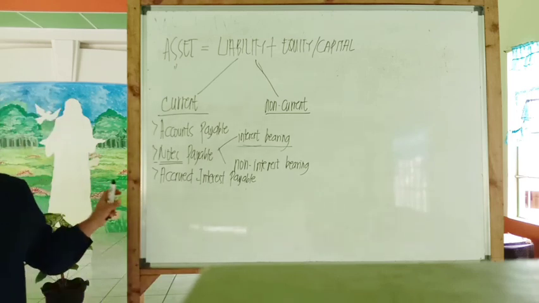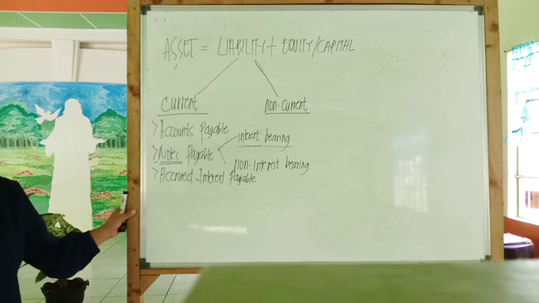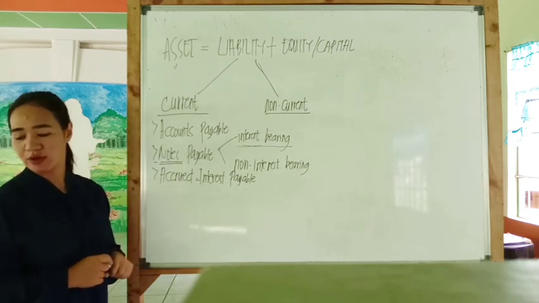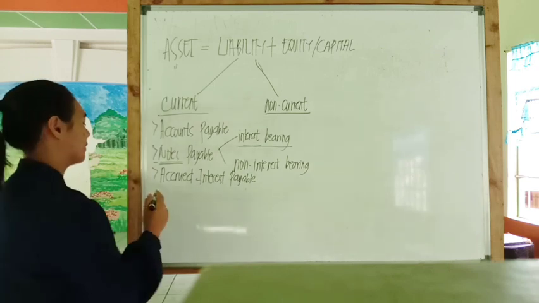Another example of your current liability, you have your SSS premium payable and then you have your withholding tax payable.